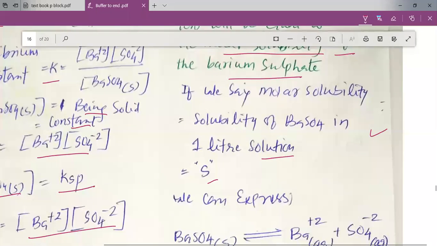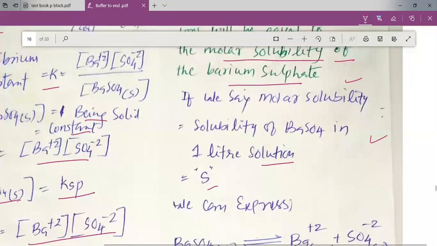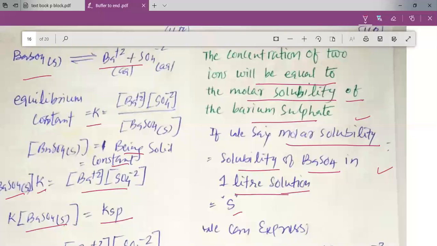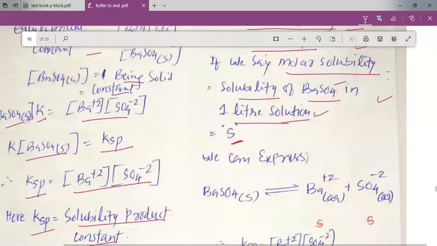Please keep it in your mind: molar solubility is the solubility of a salt in 1 liter of solution. If someone asks you what the molar solubility of a salt is, it is equal to the solubility of that salt in 1 liter of solution. This molar solubility of a salt is represented by the symbol S.